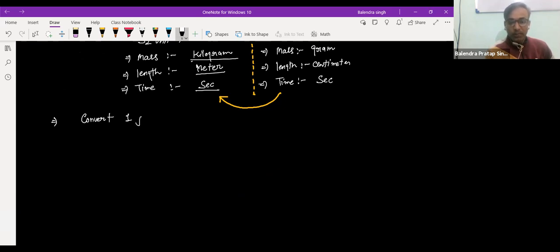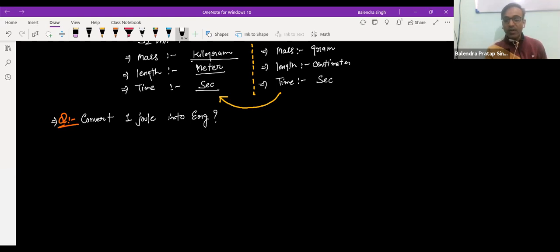Convert 1 joule into erg. Okay. So as I discussed before, joule is a unit of energy.